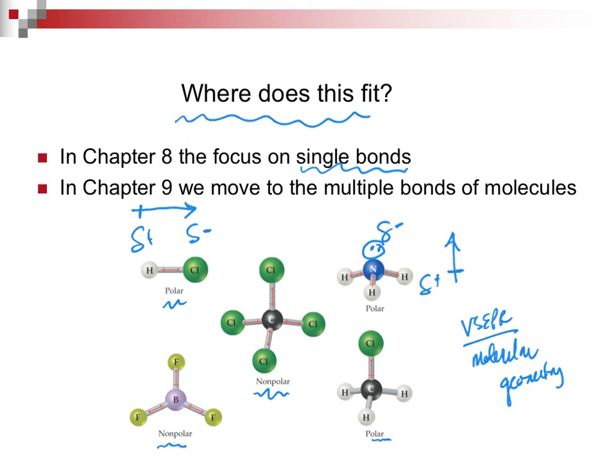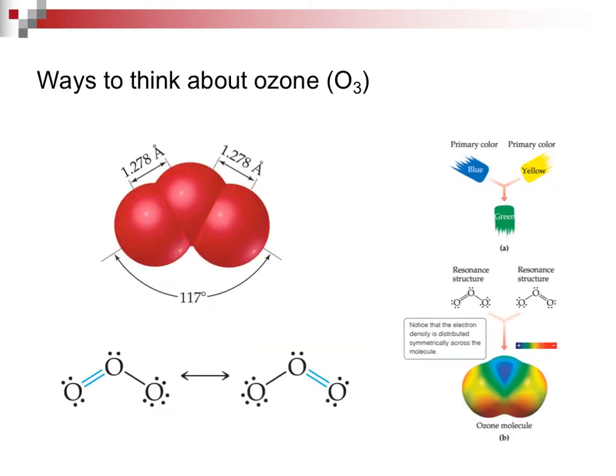When we make these things three-dimensional, how should you start to think as a general chemistry student? Well, if I have a molecule like ozone, each of these is an oxygen atom. I can measure the distance between these oxygen atoms, and I can also measure something called a bond angle, and we'll talk about those in Chapter 9.